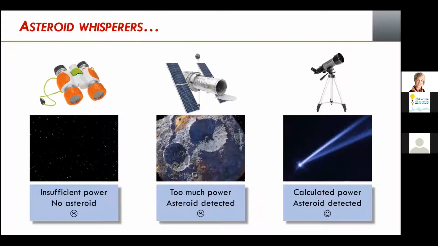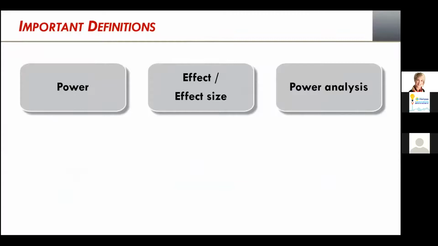So the point that I'm trying to make here is that this example has a lot of similarities to what power is within the context of research, which I will show you here. But before we start really diving into it, we want to talk about some important definitions.